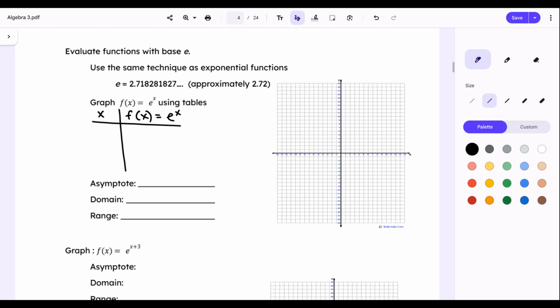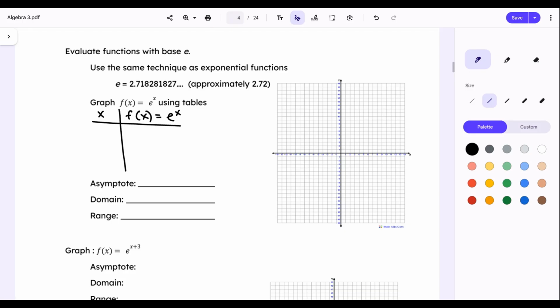So if you go to your calculator and you hit your table button, we're going to type this in. Now to find e on your calculator, let's see. If you find it before I do, let me know.